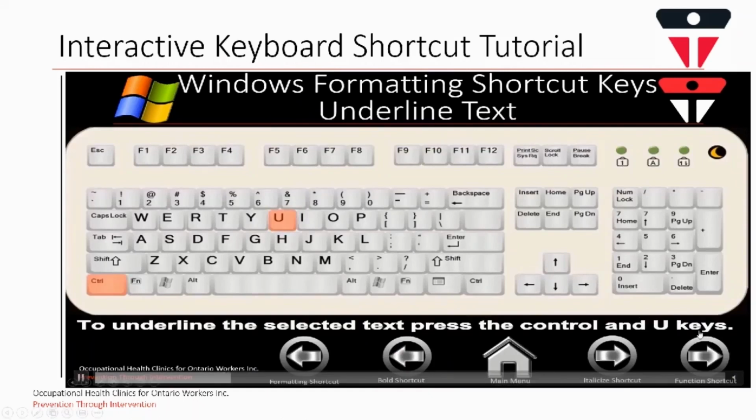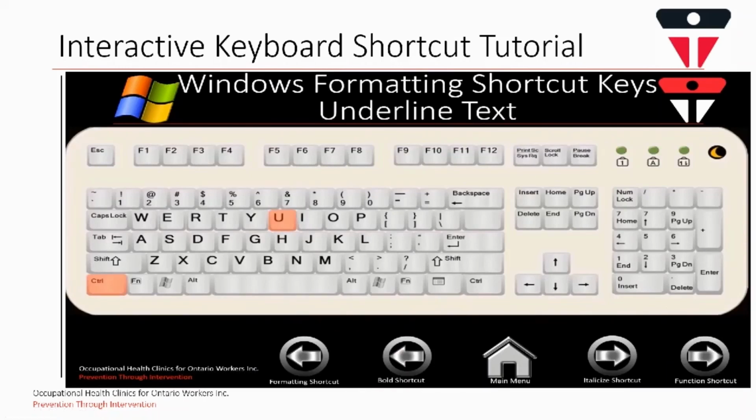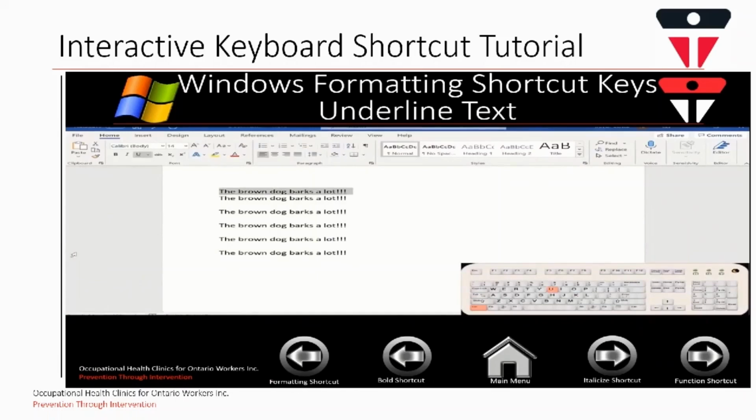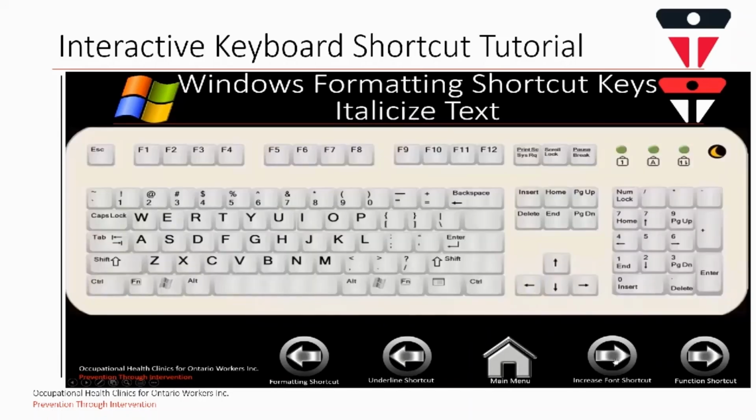Now, normally there's a narration that plays, but for the sake of the presentation, we just saw the closed captioning, and then we actually see the shortcut being used. So in this case, using Control U. And then we can go back, for example, to a different part, such as the functioning or shortcut, or even just moving on to the next one on the list. In this case, italicized text.